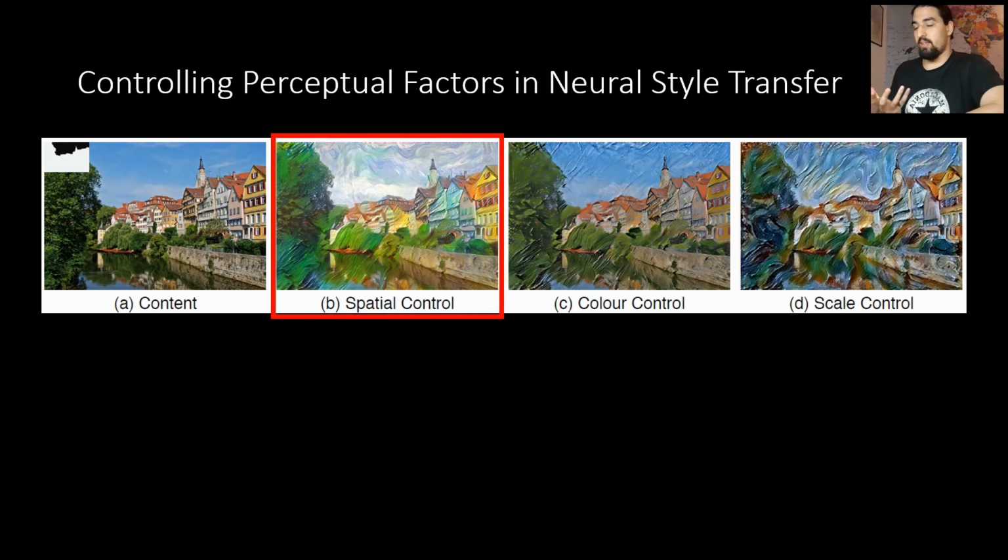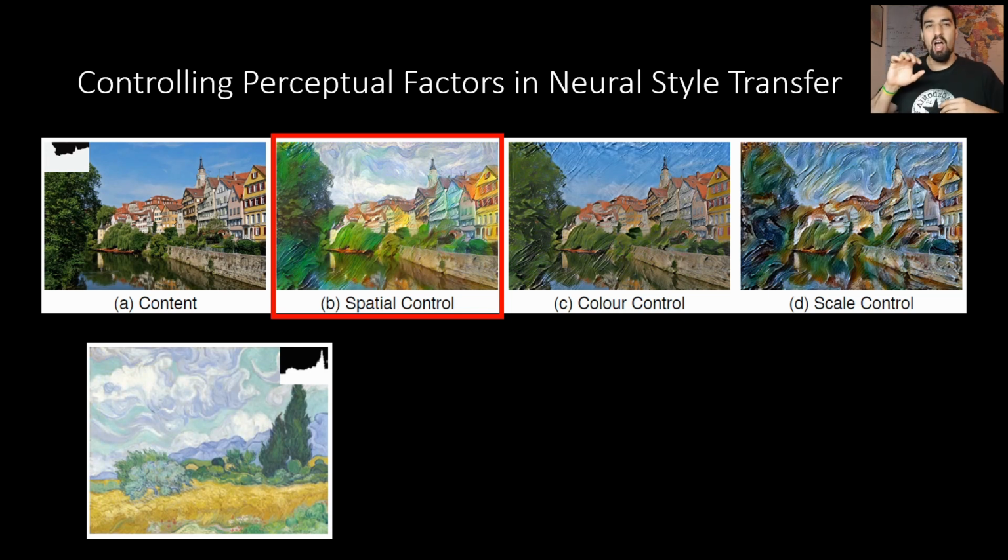So the idea goes like this. Let's take the sky region of the style image, which is defined by the black pixels of its corresponding segmentation mask. You can see it on the top right corner of the image, and apply it to the sky region of the content image, which is defined by the black pixels of its corresponding segmentation mask.